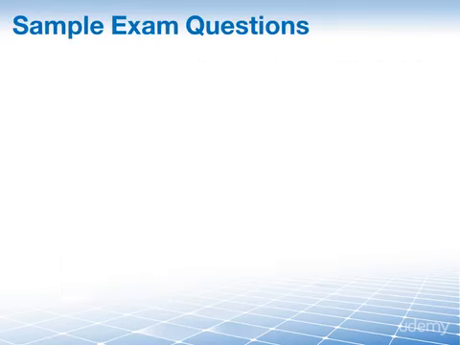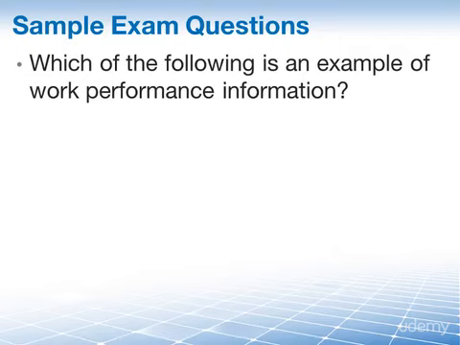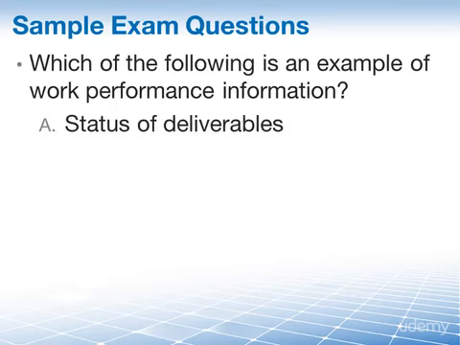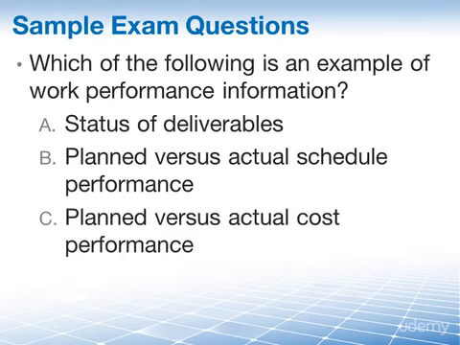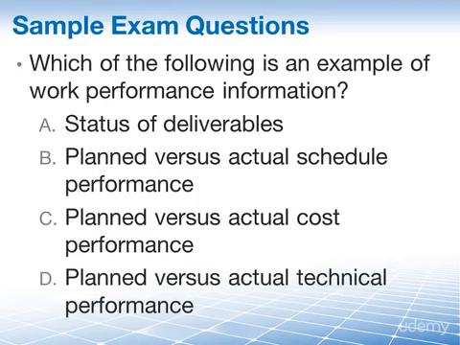And here is a sample question that you might find in an online simulator. Which of the following is an example of work performance information? Is it A, status of deliverables, B, planned versus actual schedule performance, C, planned versus actual cost performance, or might it be D, planned versus actual technical performance?